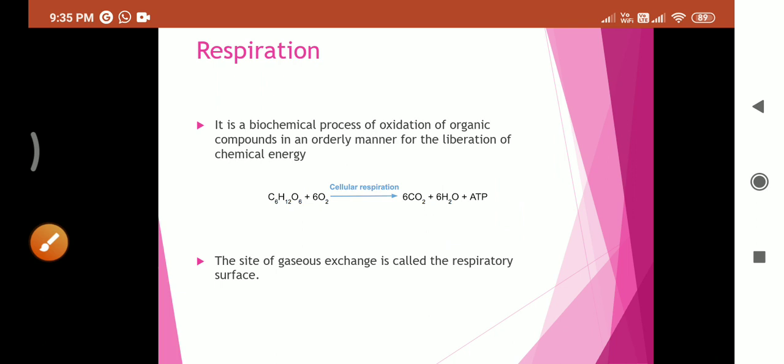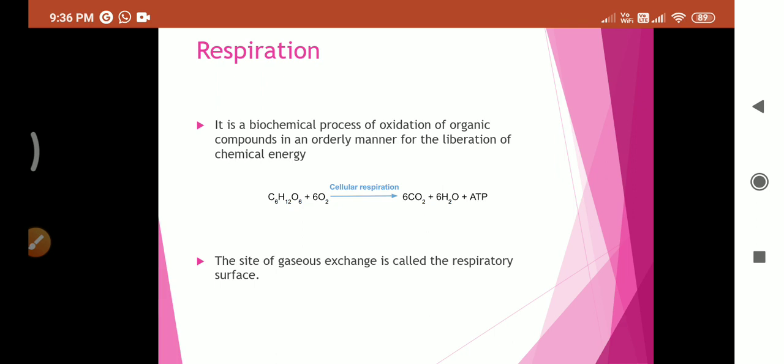Respiration, why is it required? For the oxidation of stored organic compounds. When this organic compound is oxidized, ATP is formed. ATP is the chemical energy, and this chemical energy is utilized by the organism for its life processes, right?